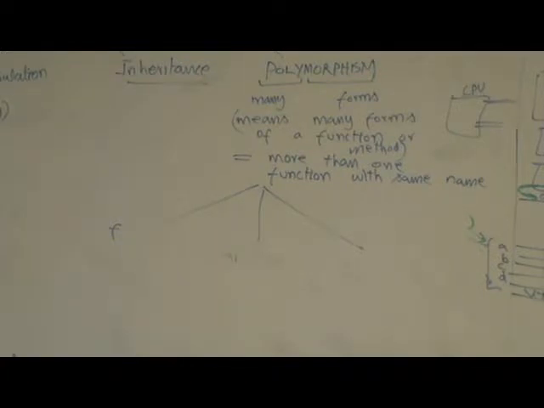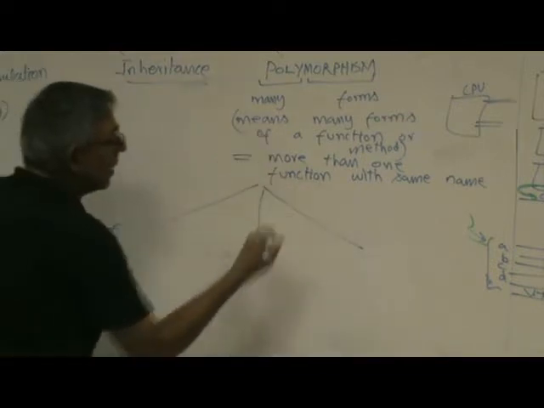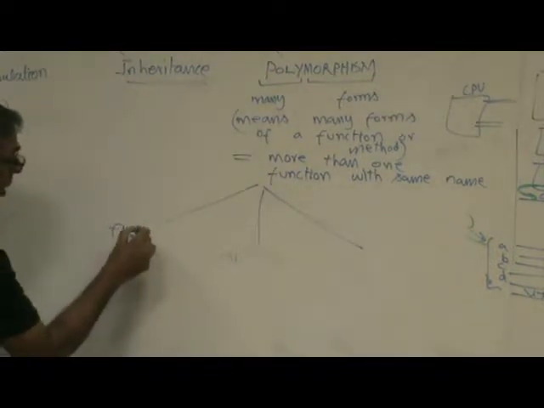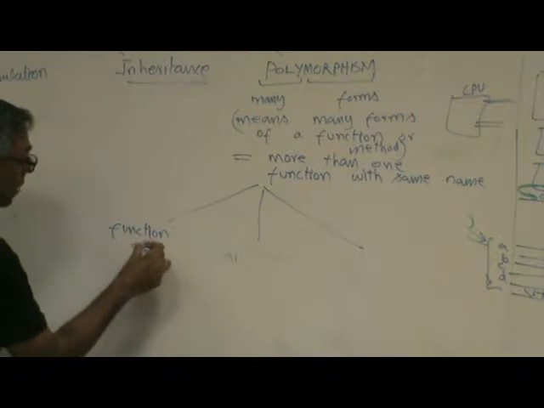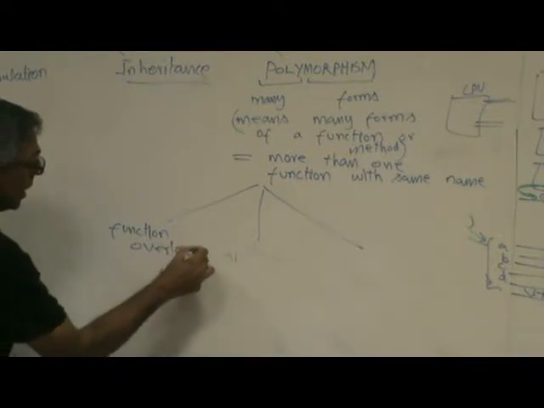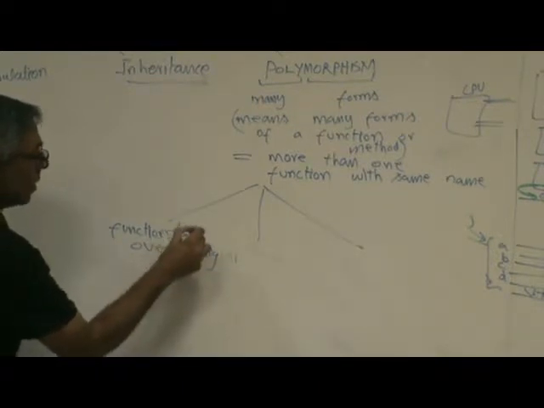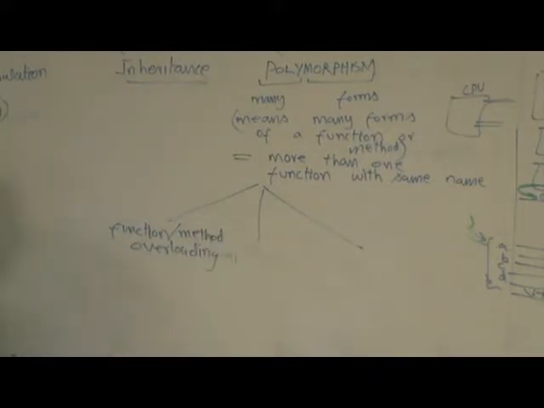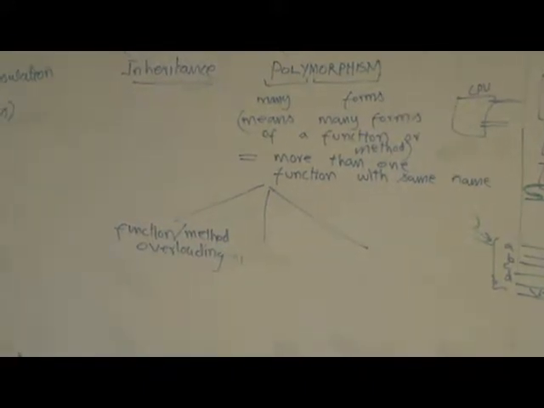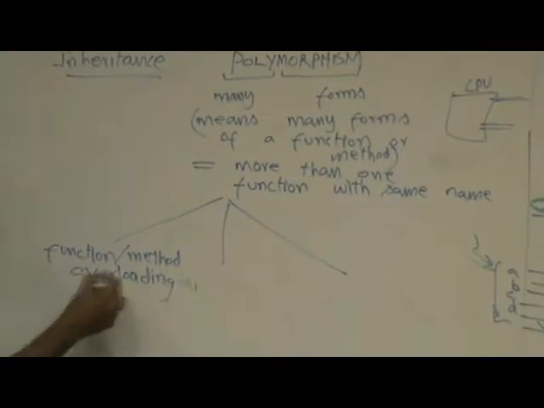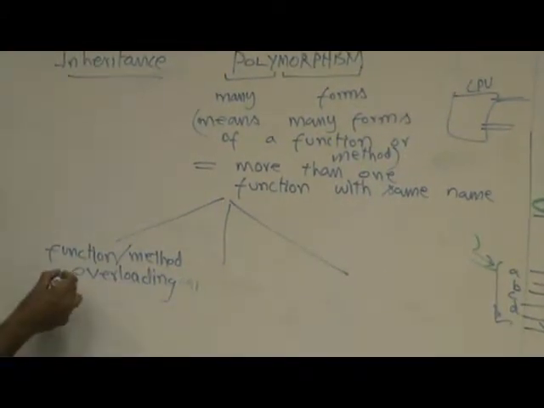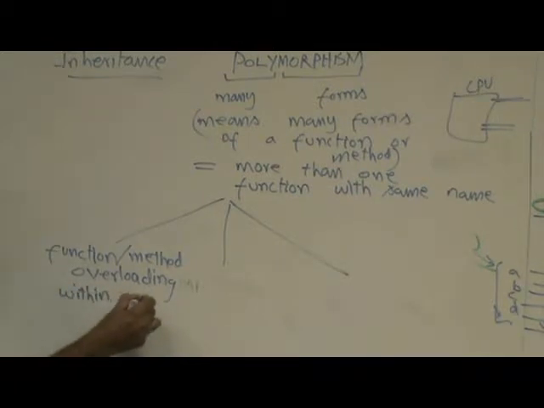We discussed that typically we'll write two constructors, one without parameters, one with as many parameters as the fields inside a class. So whenever we write more than one function with the same name, we call it overloading. Overloading is always done within the same class.